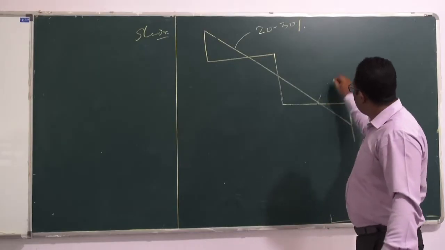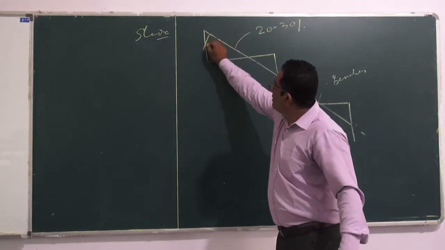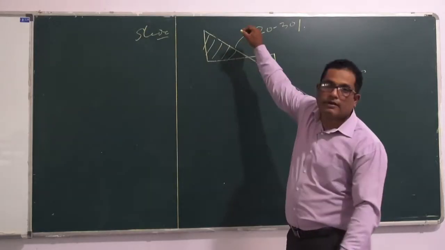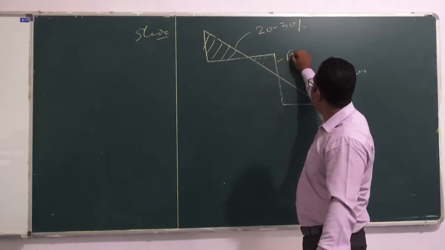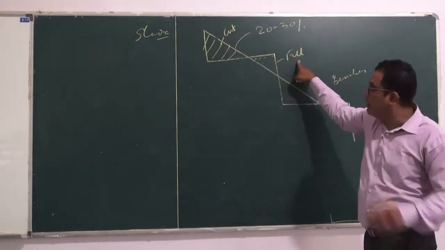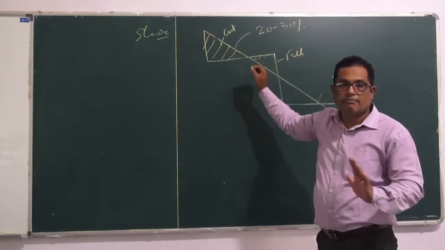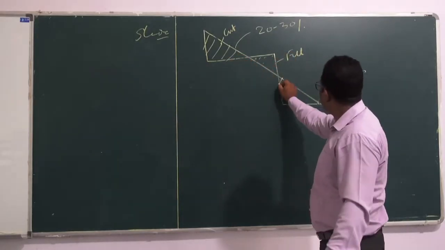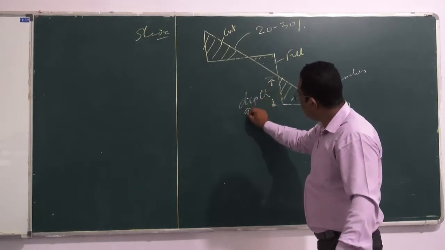These are called benches, and this is your cut portion. Some land has to be cut, and the cut soil has to be filled on the downstream side. This is your cut, and this is your fill. So ultimately we get a platform-like structure.